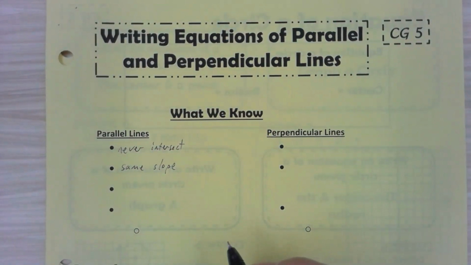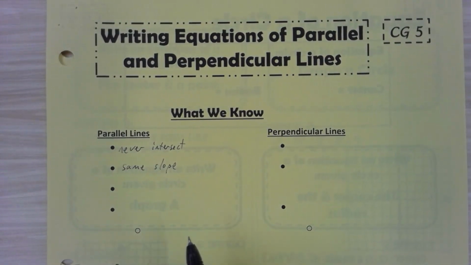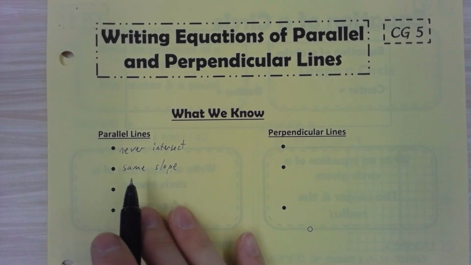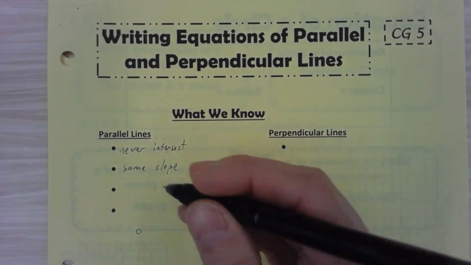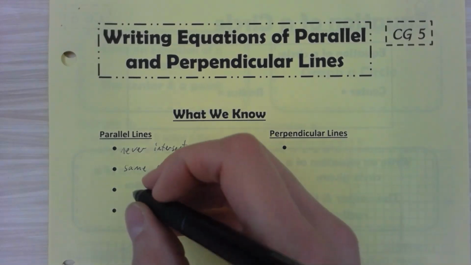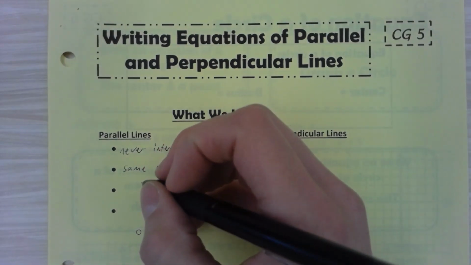Right, that was how we determined that lines are parallel to each other, or if we have parallel lines, we know that they have the same slope. Now, another thing about parallel lines is if there's multiple lines parallel to the same line, then they're parallel to each other. The transitive property applies to parallel lines.